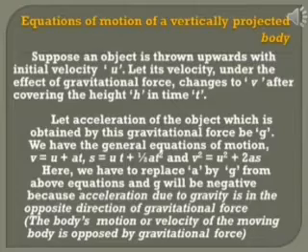Let its velocity under the effect of gravitational force change to v after covering the height h in time t. Let the acceleration of the object obtained by this gravitational force be g.